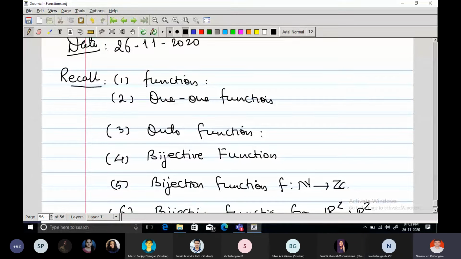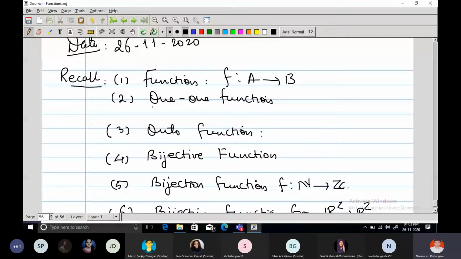So we were discussing functions. What is a function from A to B? A function from A to B is a relation from A to B such that for every element in A there is a unique element in B which is related. Right. Then we discussed one-to-one functions.